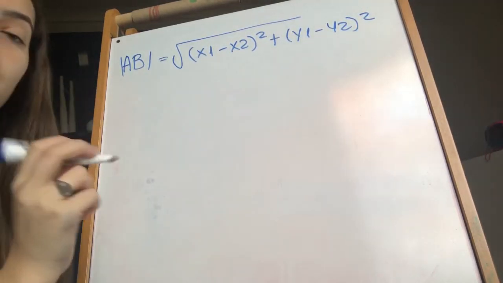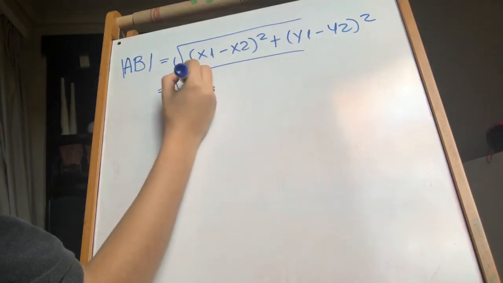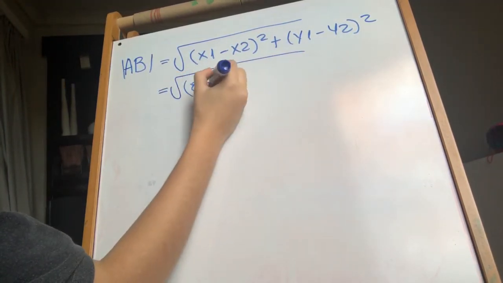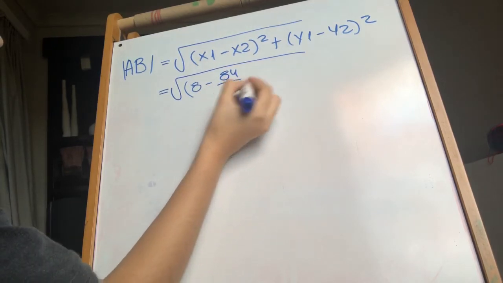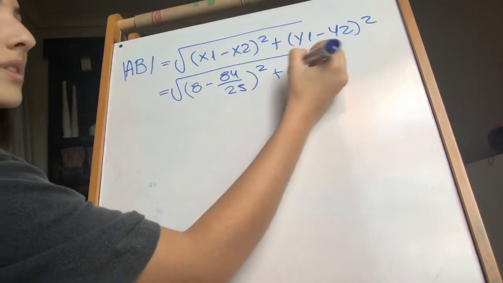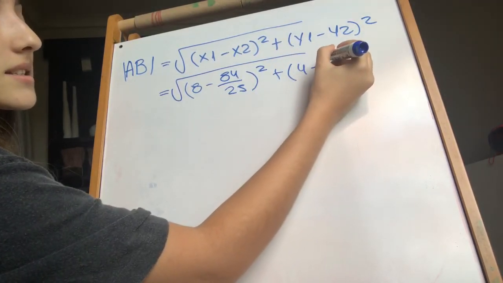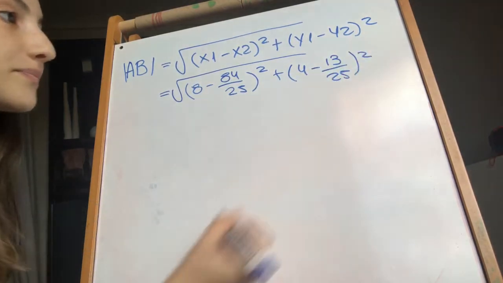So now we're going to add the 4 points, and it gives us the root of brackets 8 minus 84 over 25 close brackets squared plus 4 minus 13 over 25 squared.